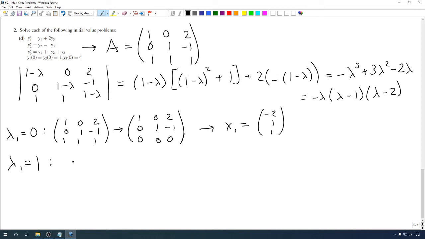Then we have our eigenvalue of 1. We're going to subtract 1 from each of those, which is actually kind of nice because they all become 0. Everything else is the same. I'm going to move my third row to my first row, and then I'm going to take my second row and divide it by negative 1, and use it to cancel out that 2.